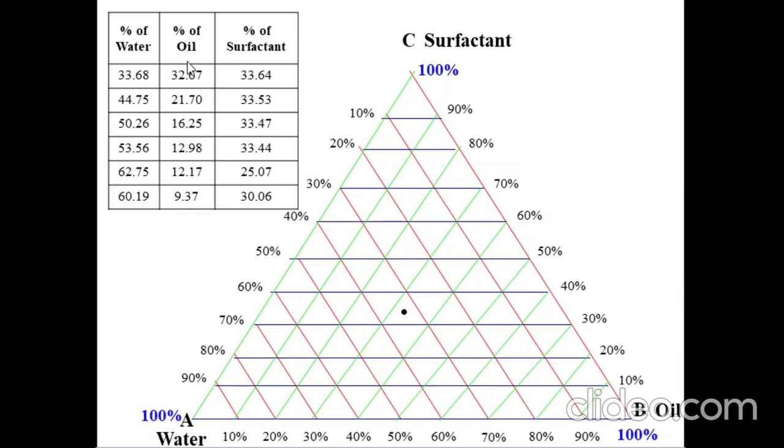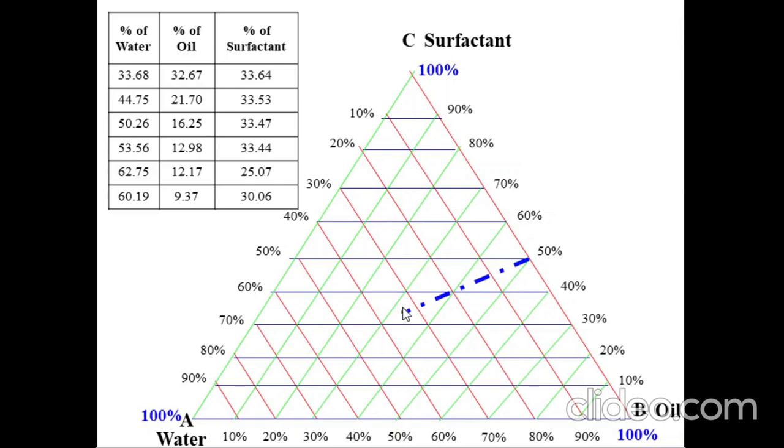And the percentage of oil reads 32.67% as per the calculation. So this is 0% oil line, 10, 20, 30, 32. Similarly, we have the surfactant line. This is 0, 10, 20, 30, 32.